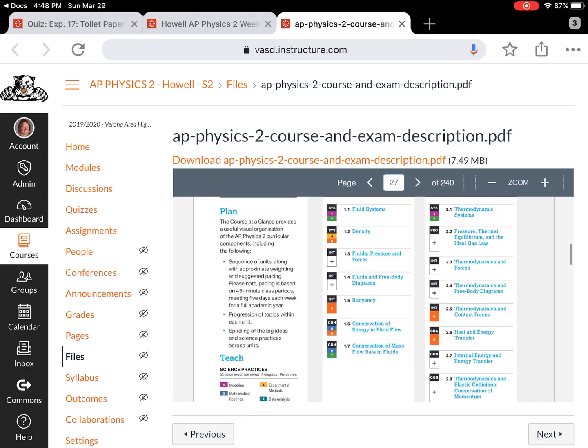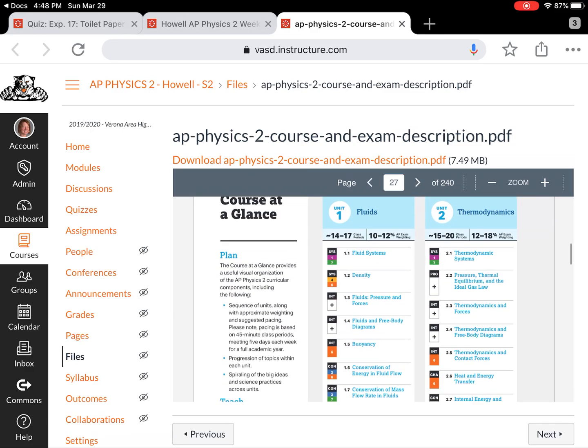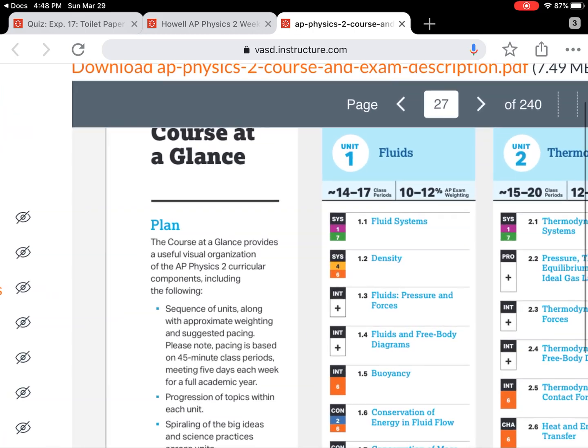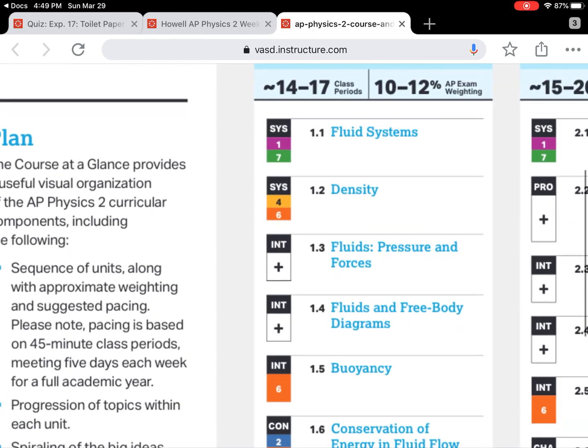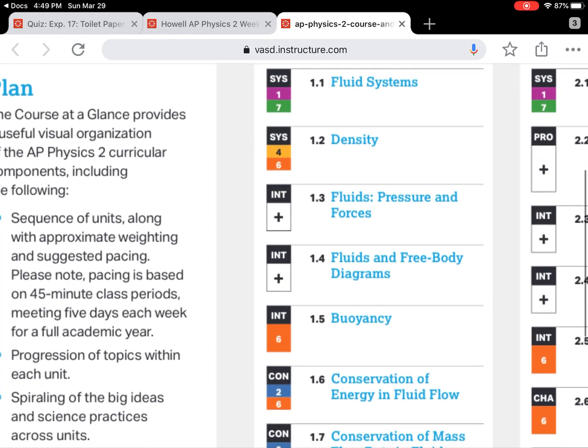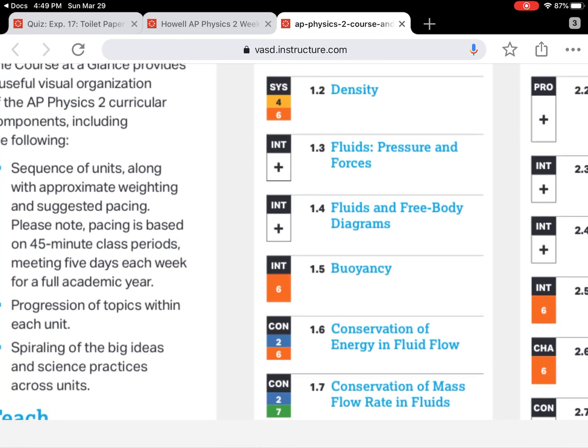And I guess where I'd like you to start here is when we look at Unit 1, fluids, we can see the sections in Unit 1: fluid systems, density, pressure and forces, free body diagrams, buoyancy, conservation of energy and fluid flow. That's another way of saying Bernoulli's principle. And then conservation of mass flow rates. That's the flow rate principle.